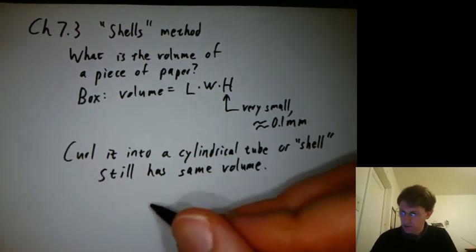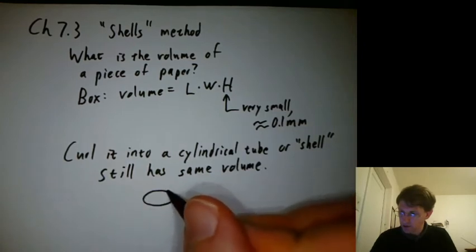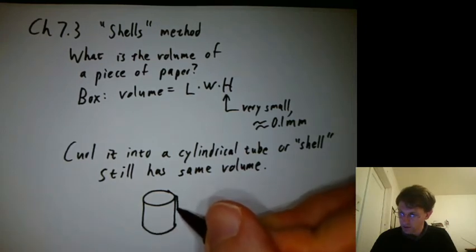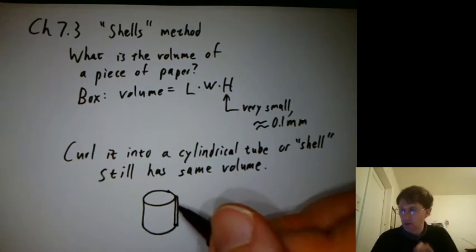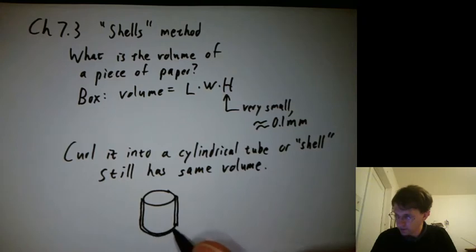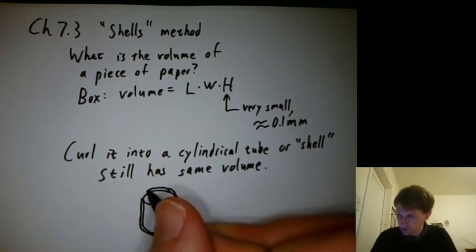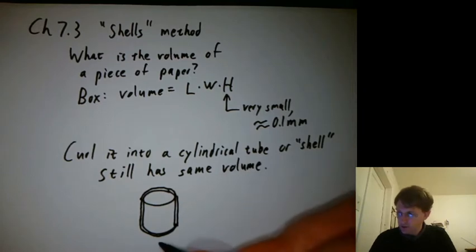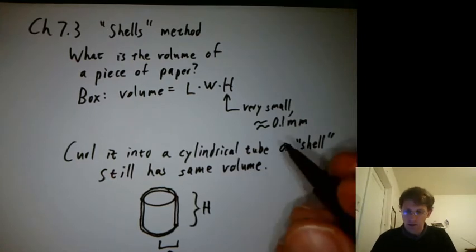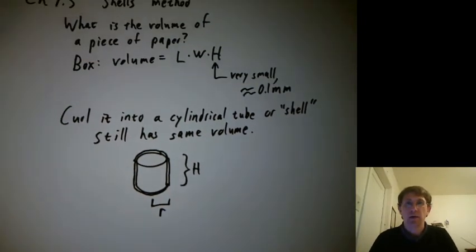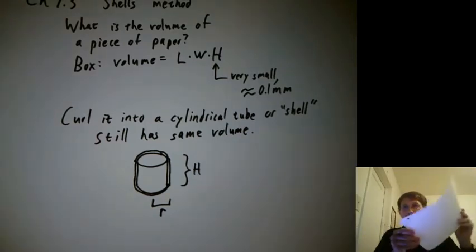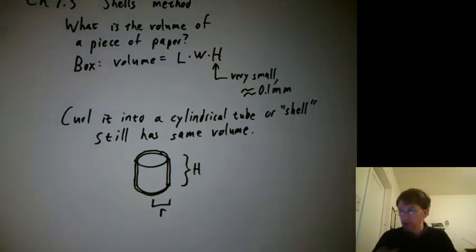Let's draw what's going on. So we had a shell like this, cylinder like this, and it didn't have an infinite thinness to the boundary. It had very slight thickness like that, right? All the way around like this, all the way around like that. So we could talk about its radius and its height, and how does this map to the piece of paper? What was the long edge of the paper here became the circumference.